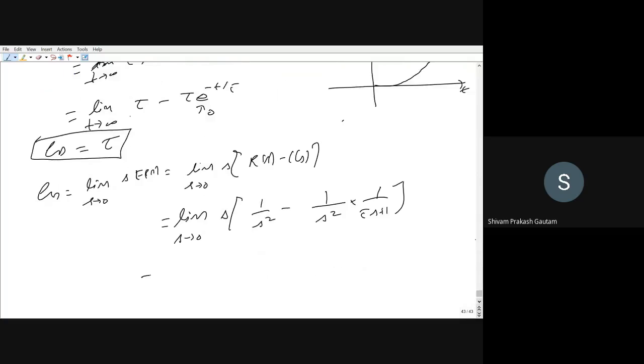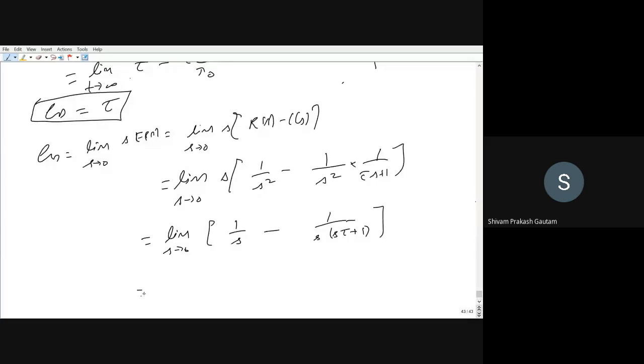Take s inside the bracket, so this will be 1 by s minus 1 upon s into (s tau plus 1). Now you can take the LCM.